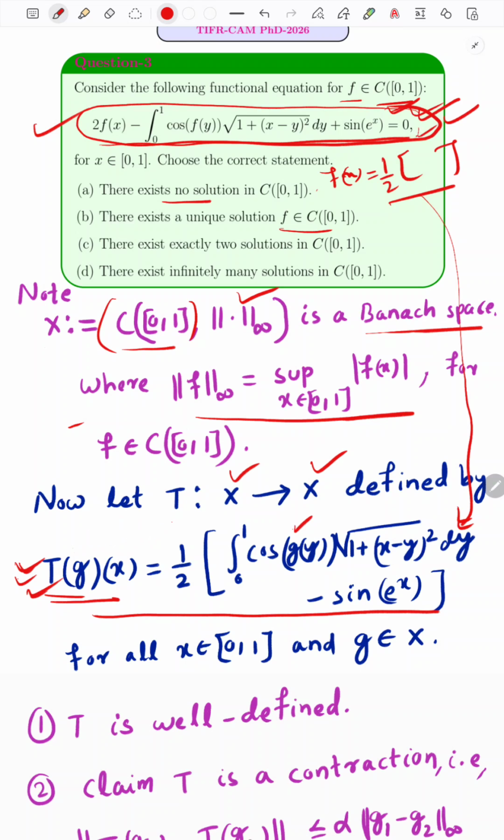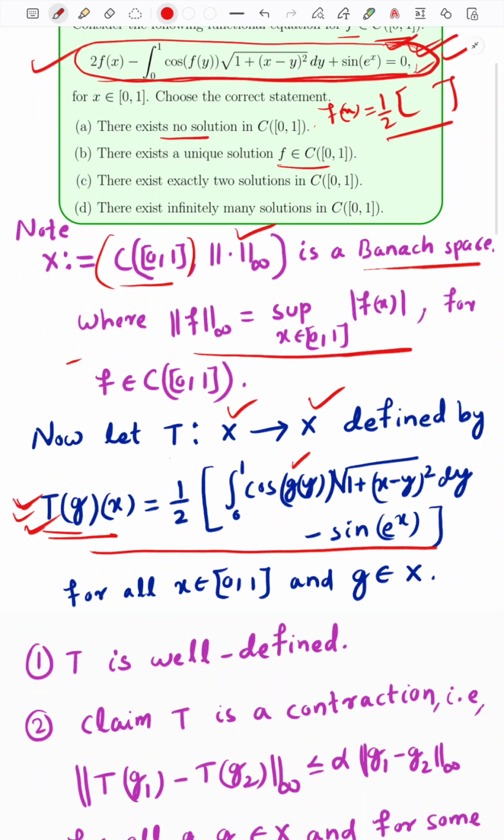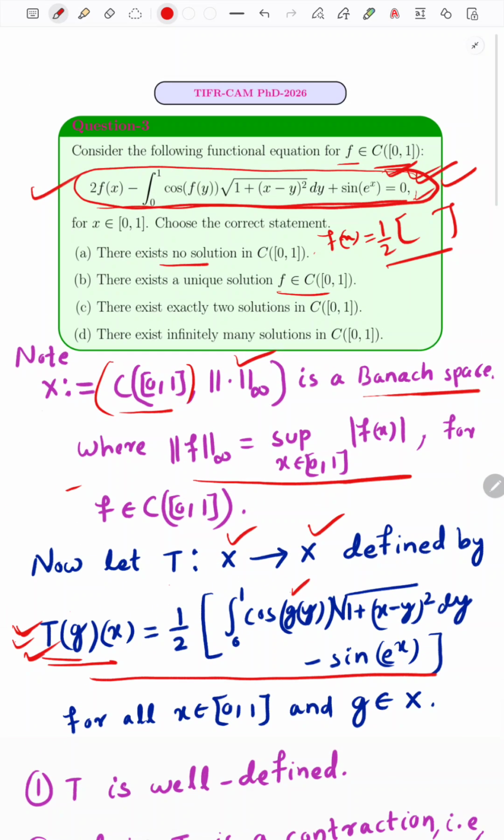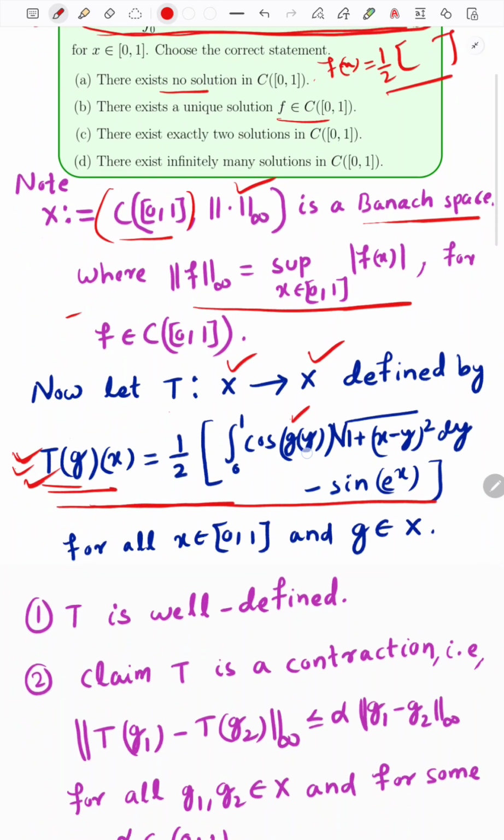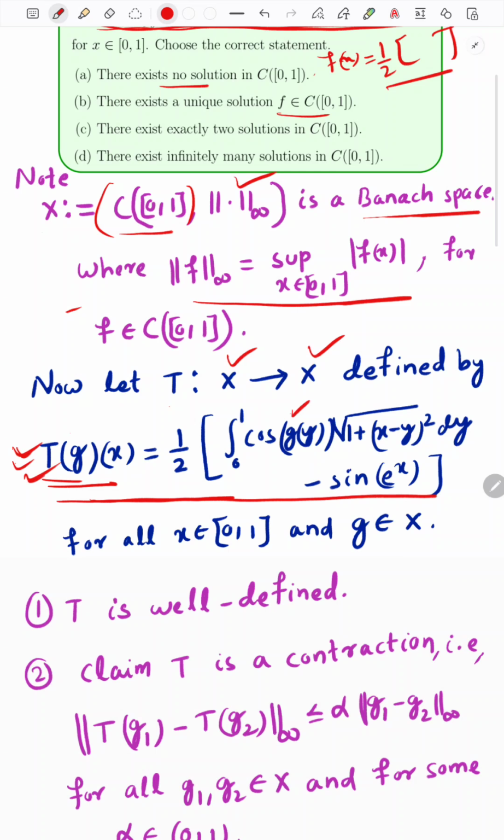We also established that the number of fixed points of this operator is nothing but the number of solutions of this equation. So instead of calculating the number of solutions of this equation, we will calculate the number of fixed points of this operator T. I hope everything is clear up to this point.